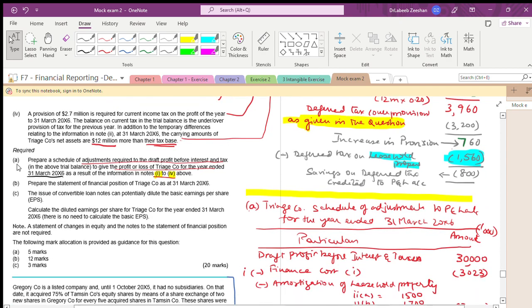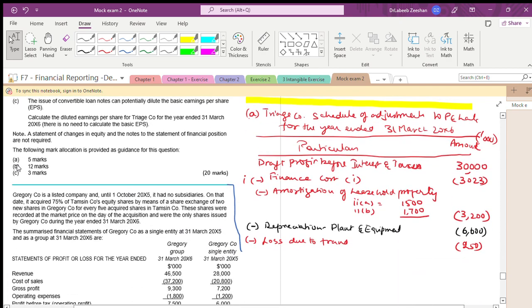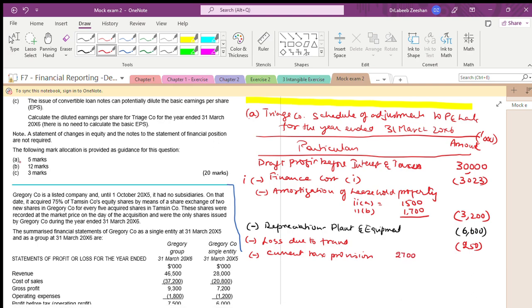It is credited to profit and loss account. Less current tax provision. Current tax provision is 2,700.